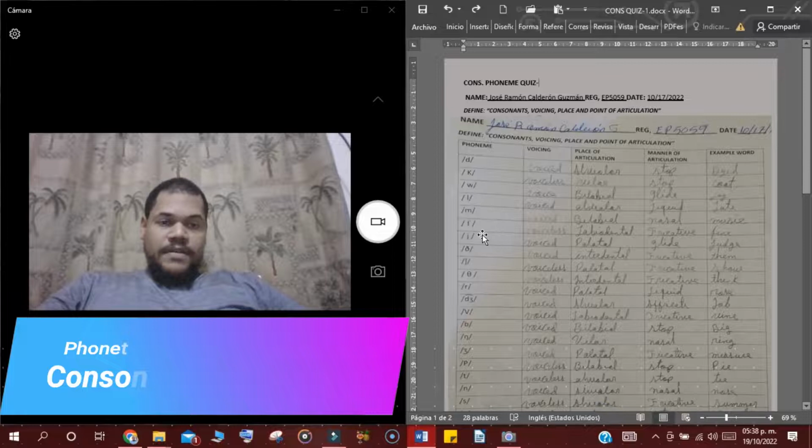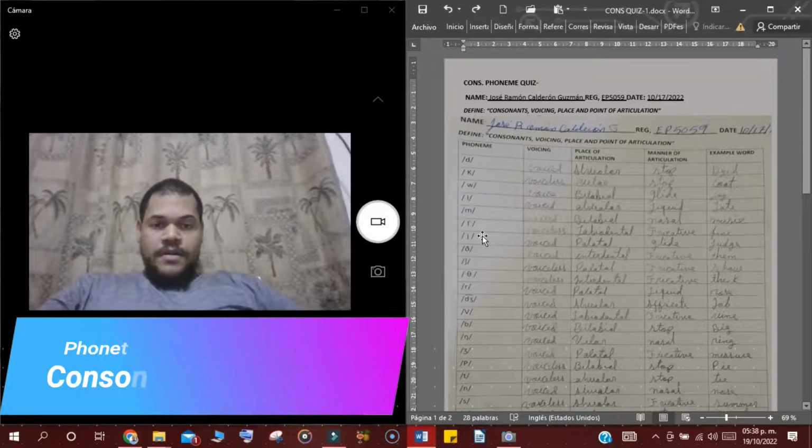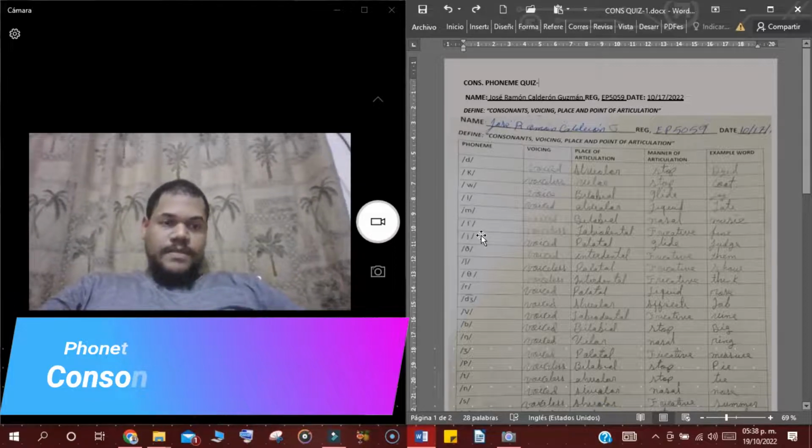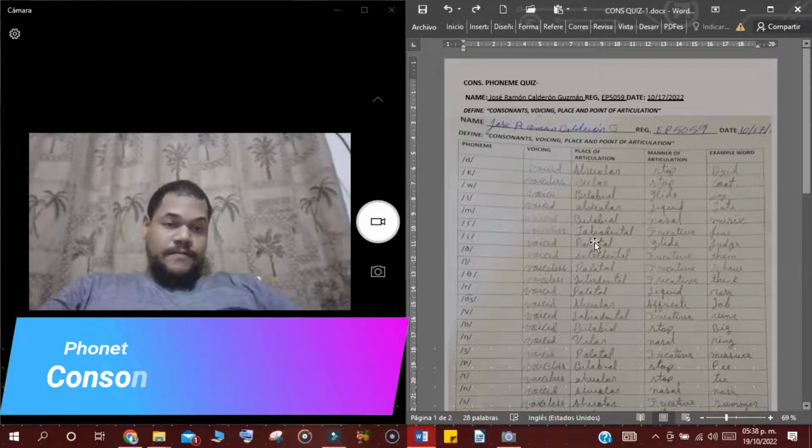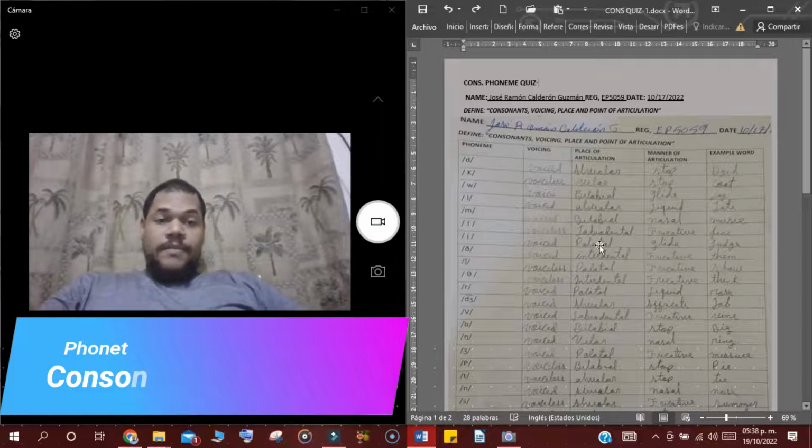Then we have the phoneme represented by the letter J. This sound is voiced. This one is palatal. In palatal sounds, the hard palate interacts with a part of the tongue, which could be the tip of the tongue, the blade, or the front of the tongue.